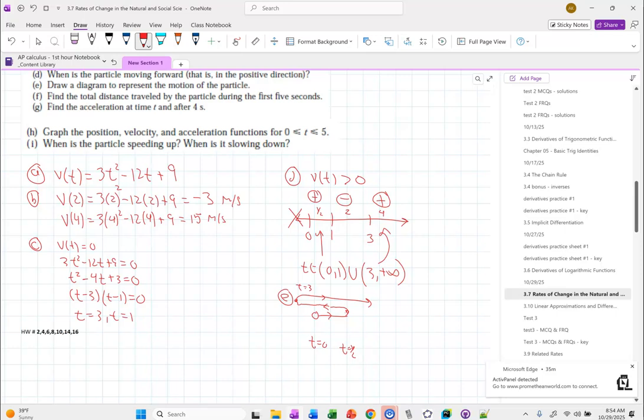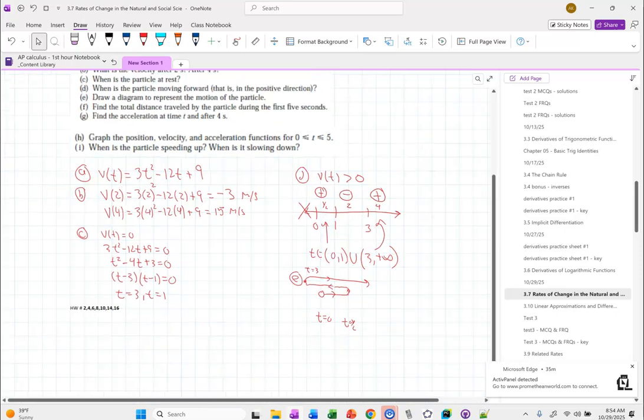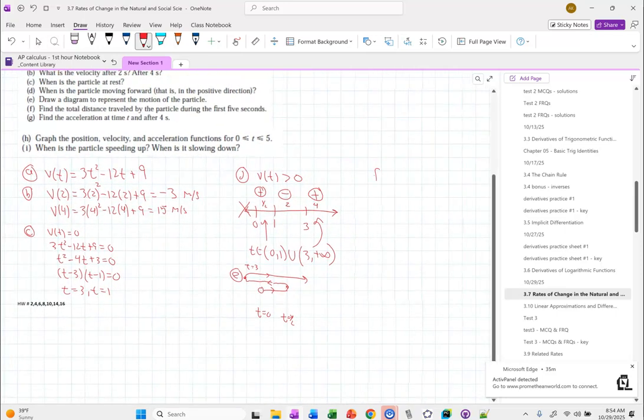Find the total distance traveled by the particle. In the first, what does it say? 5 seconds. What's the catch here? What does the particle do in the first 5 seconds, though?